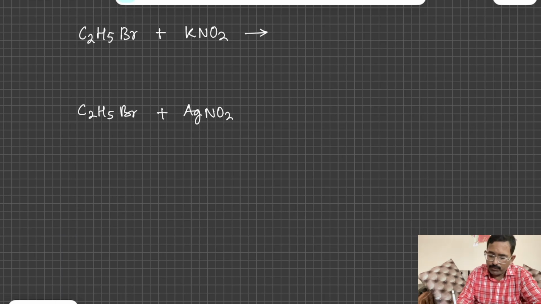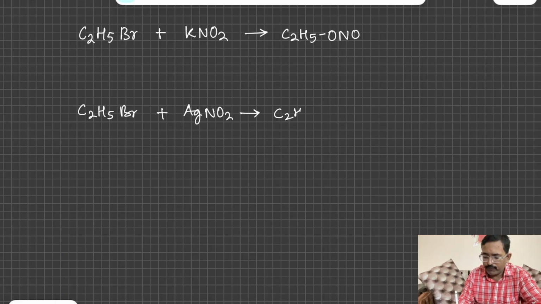When KNO2 is used, formation of C2H5ONO takes place, while C2H5Br reacting with AgNO2 forms C2H5NO2 along with some side product.